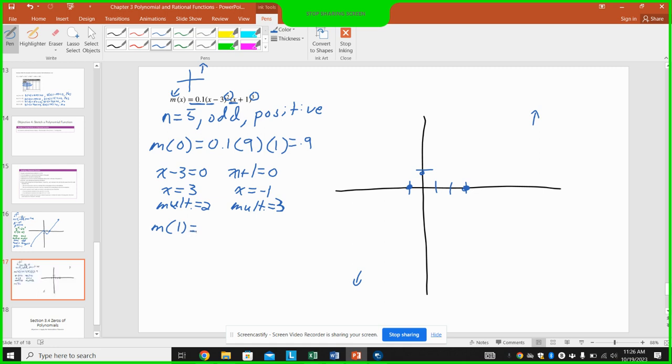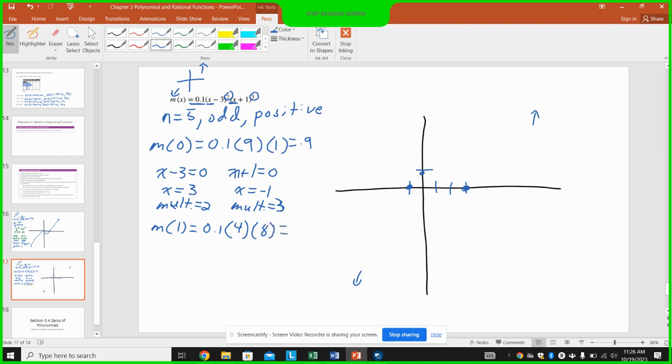So I have basically, just like last time, 0.1 times, what's 1 minus 3? Negative 2 squared, 4. So I have a 4. 1 plus 1, 2. 2 cubed, 8.